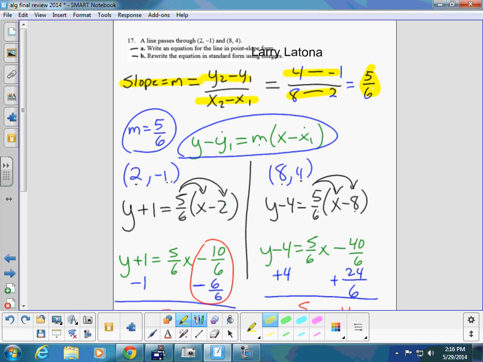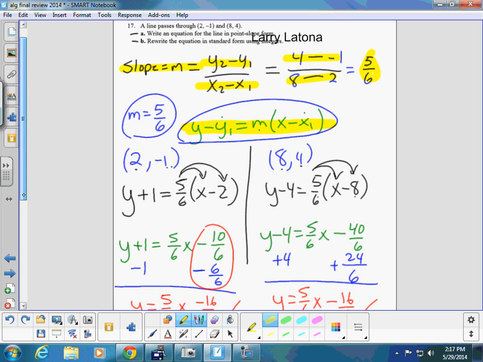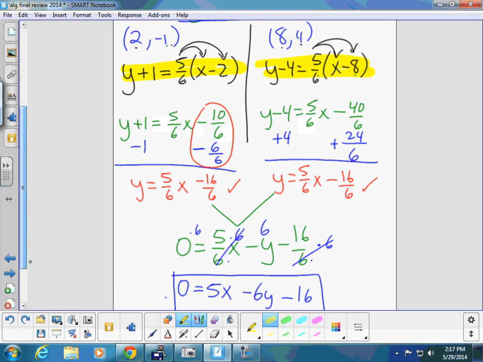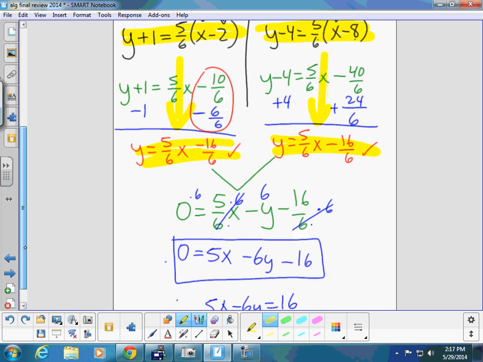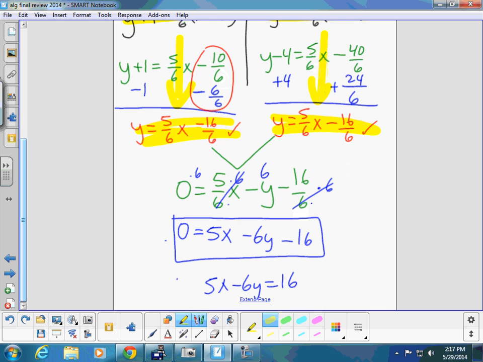Then you have to know the point slope form and use that correctly to get these two answers here. Then you have to use your math skills down here to check this, and that's your slope-intercept form. And then finally, you have to maneuver things around to get your standard form.